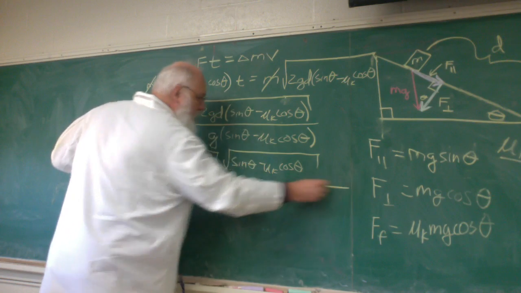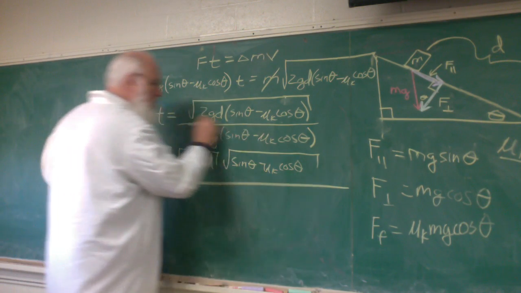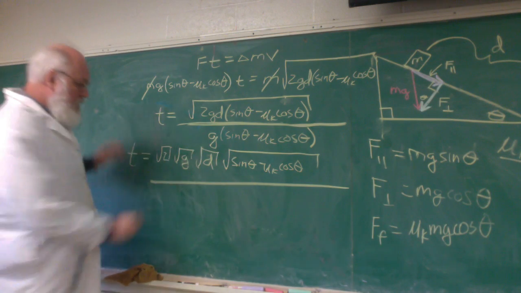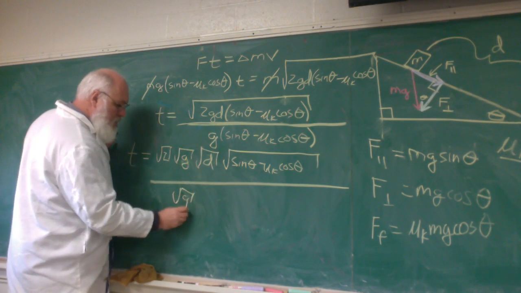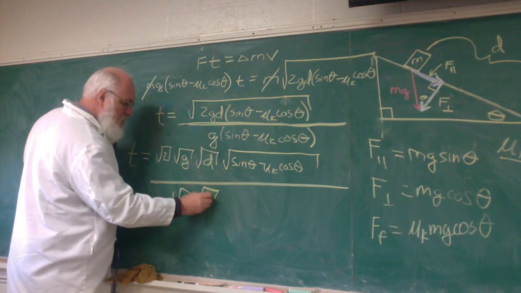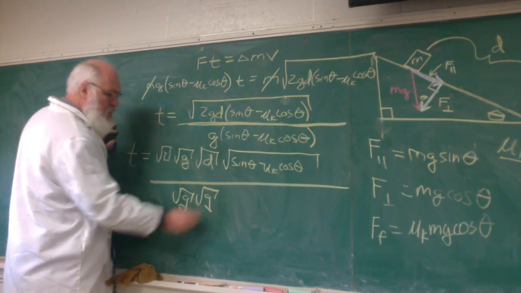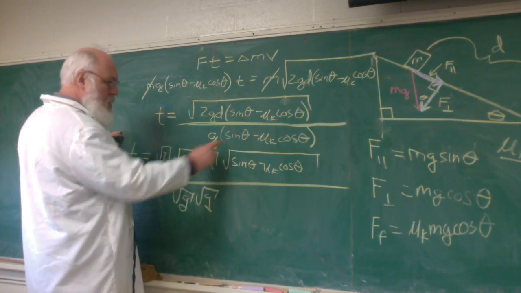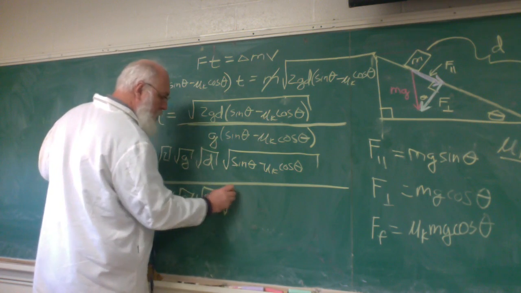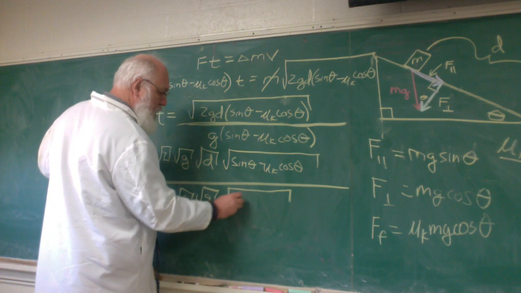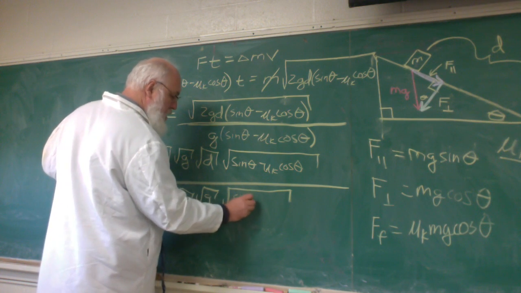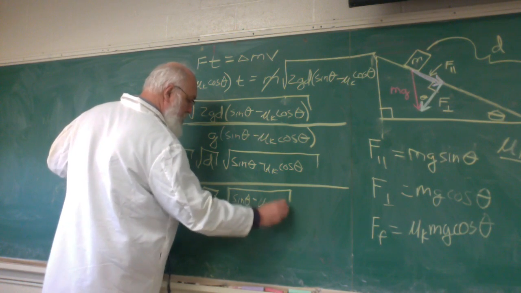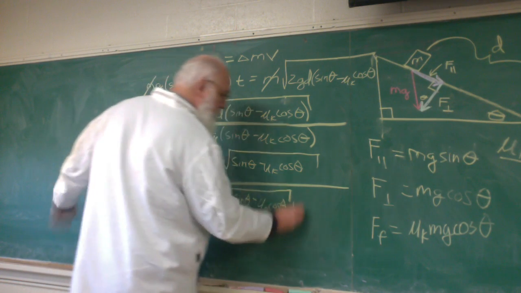And at the bottom of this fraction, I'm going to take this g and make it square root of g times square root of g, and then the square root of (sine theta minus uk cosine theta) times its square root.